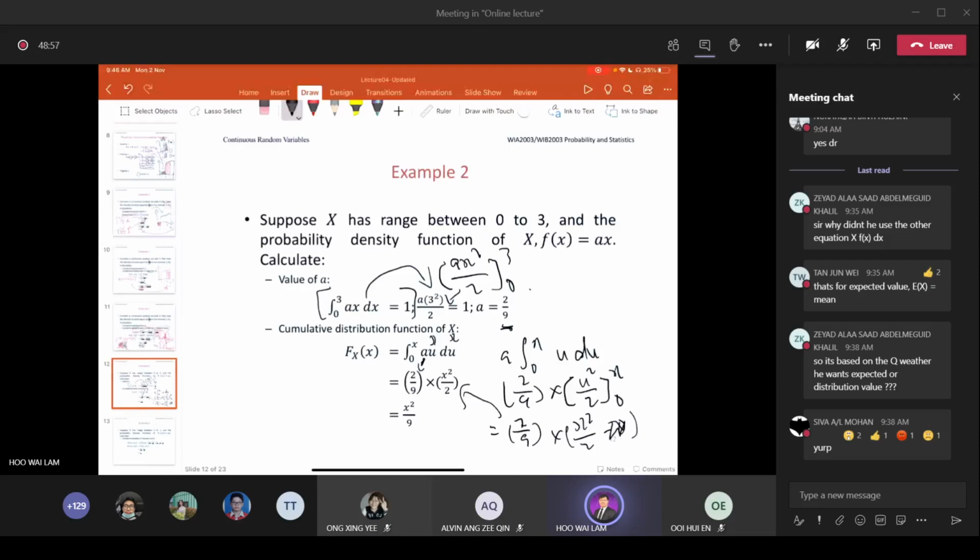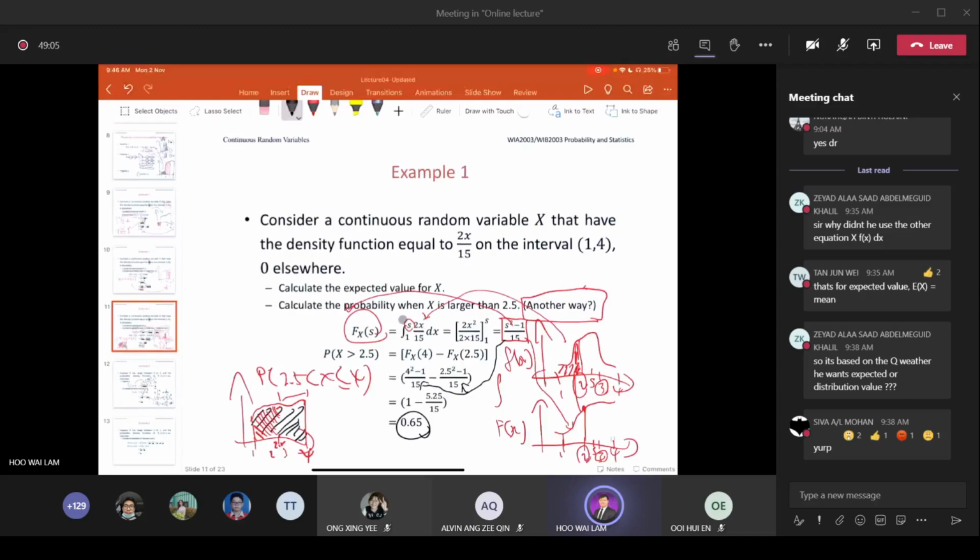The way that these two are different is because the main difference over here is the outcome. When you are using this one as your variable s, then the outcome is actually in terms of s, right? And then if you want to rewrite the whole thing, you become F_X(x) equals x squared minus 1 over 15. This is the whole outcome that you get from this particular equation.